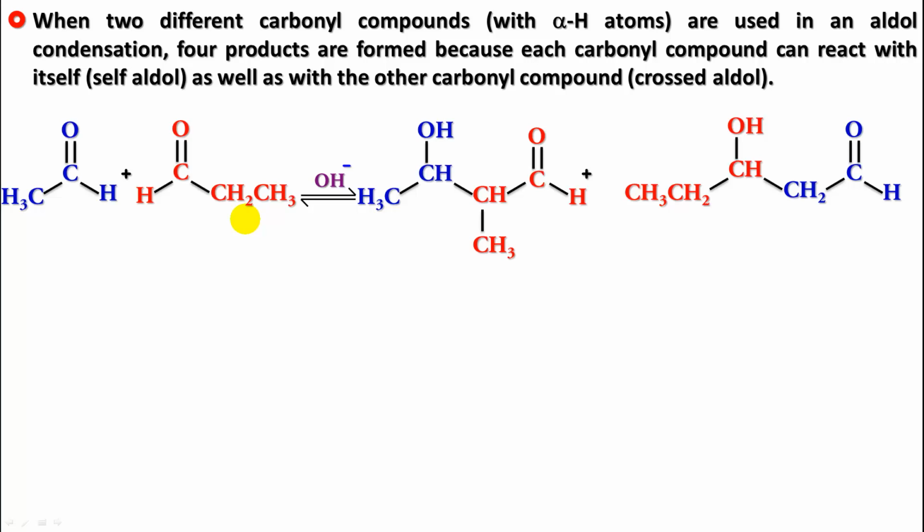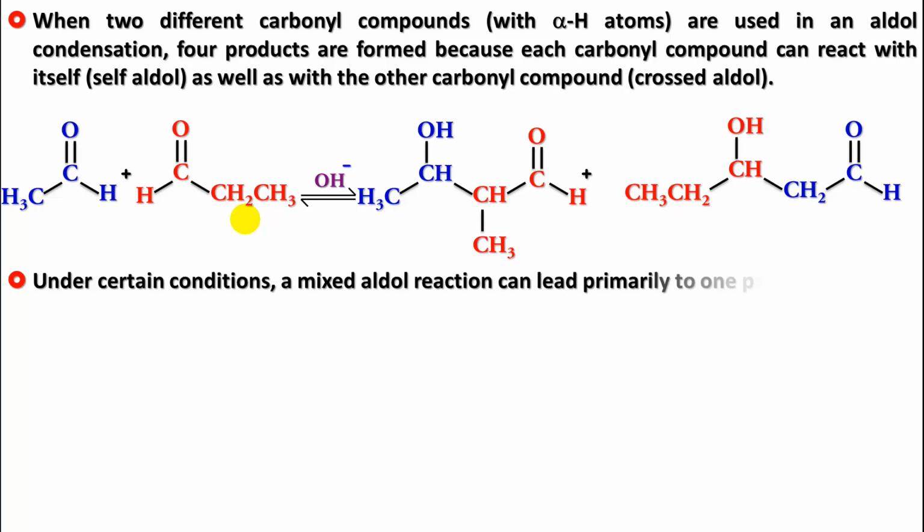Now, there are certain particular conditions in which we will be able to get one of these exclusively. Under certain conditions, a mixed aldol can lead primarily to one product.